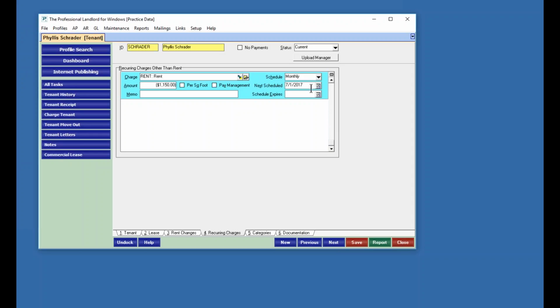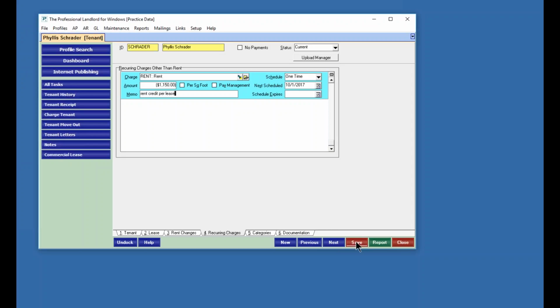So October 1st of 2017 in this case, we're going to give the credit. It's a schedule that's only going to be done one time, so the schedule is one time, and the memo that we put in reflects the reason we're doing it, and it's a rent credit on the 7th month per the lease. So rent credit per lease.